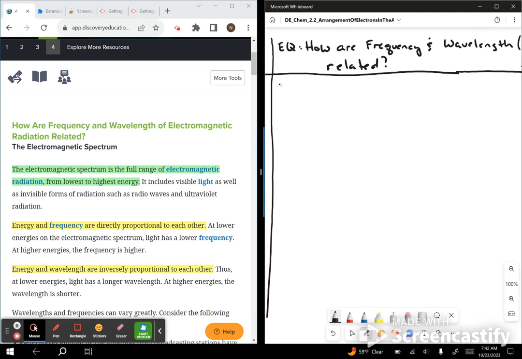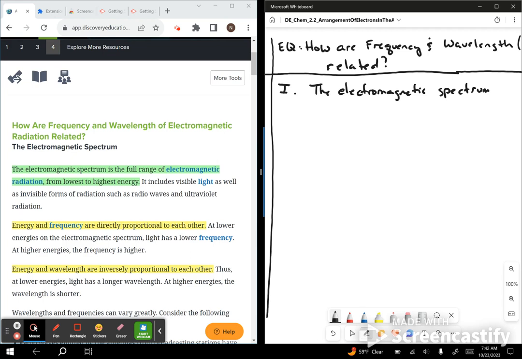And let's start with Roman numeral 1. The electromagnetic spectrum. We've shown this picture to you multiple times in class, everything from radio waves to TV waves, your cell phones, microwaves, ultraviolet, visible light, X-rays, gamma rays. All of these constitute the electromagnetic spectrum.